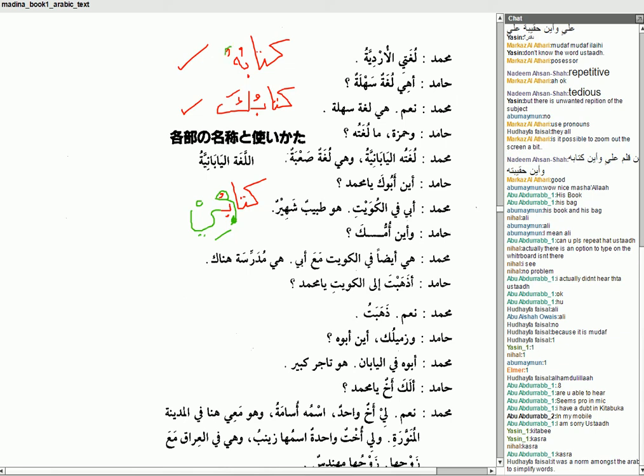In this case, hu refers to a singular masculine person who's not present. And here you have ka, second person. And this is also masculine.